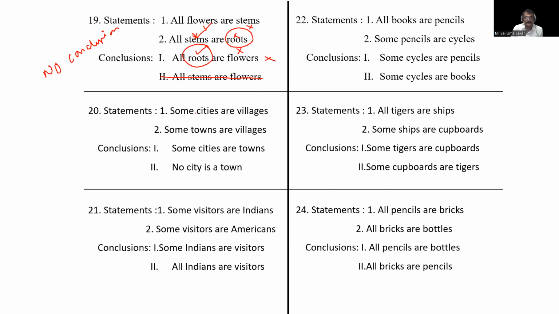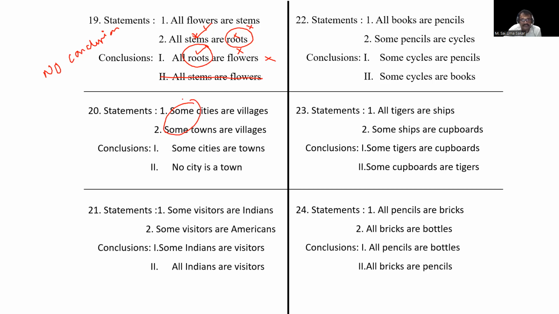Next, the 20th question. Some cities are villages. Some villages are cities. No. Some towns are villages. Some villages are towns. No. There is no immediate inference. Next, is it possible to have a mediate inference? No. Why? Because if both of the statements are particular, there is no mediate inference.